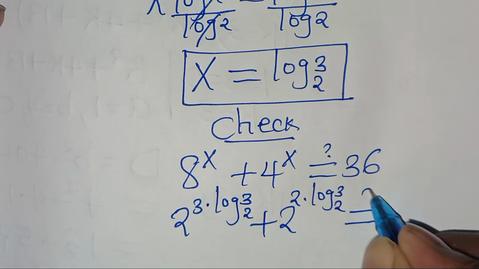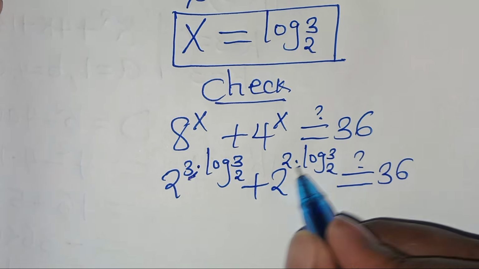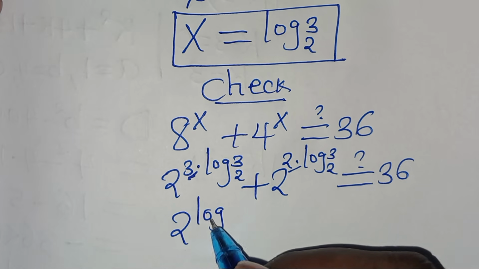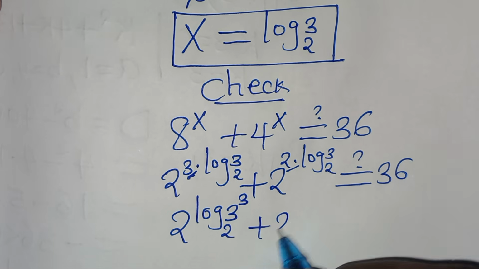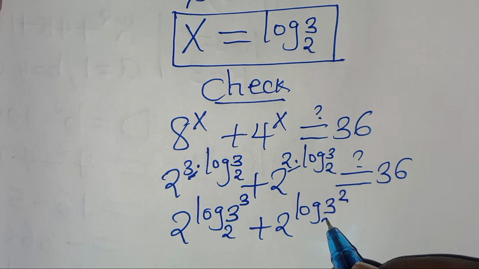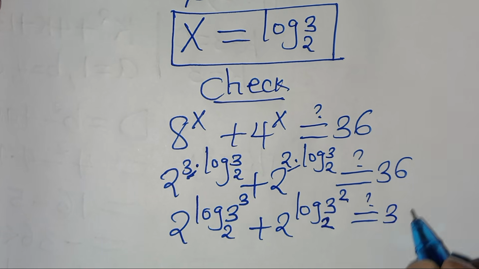Since 3 and 2 are powers, we can express this as 2 to the power of log 3 to the power of 3 to base 2, then plus 2 to the power of log 3 to the power of 2 to base 2. This should give us a value of 36.